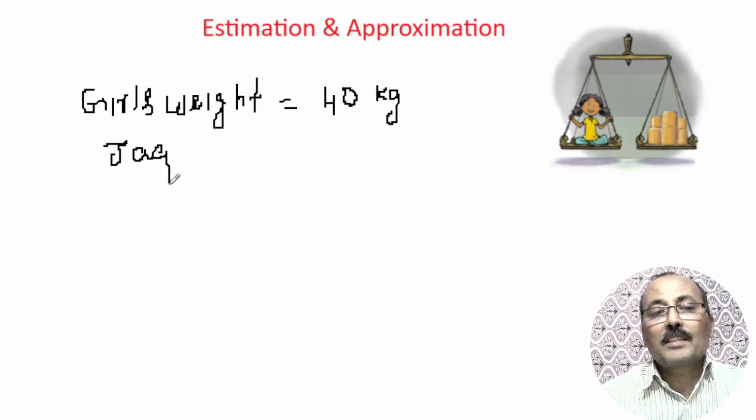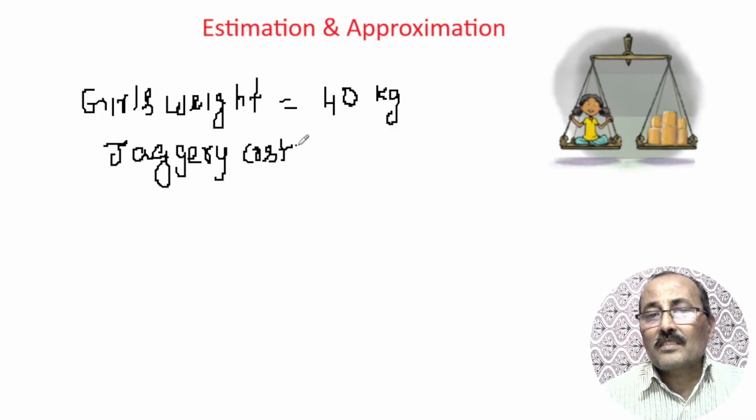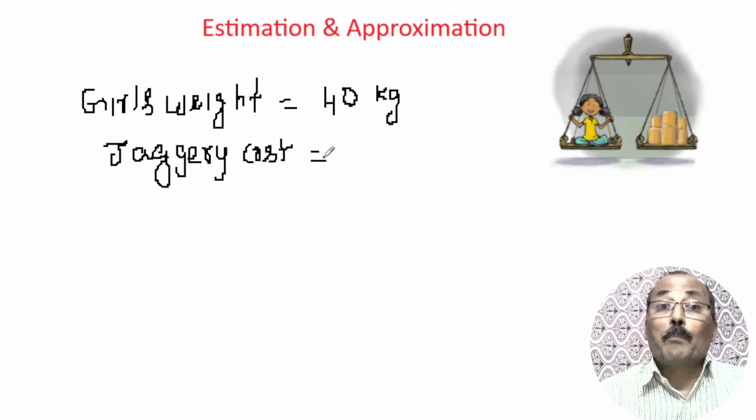Do you know how much the jaggery cost will be at present? You have to know all those things, so try to find out through your father or mother. But after 4 or 5 years, if you watch this video, the jaggery cost will be different. That is why in some books no cost is given, because the book is published for 10 years.